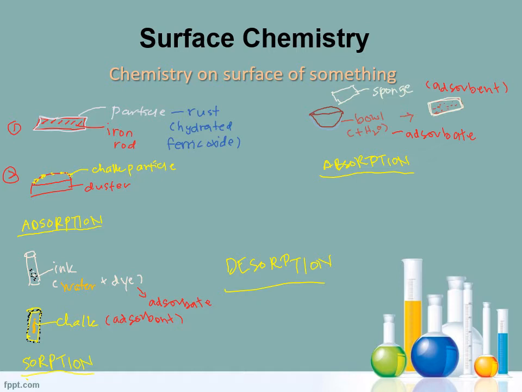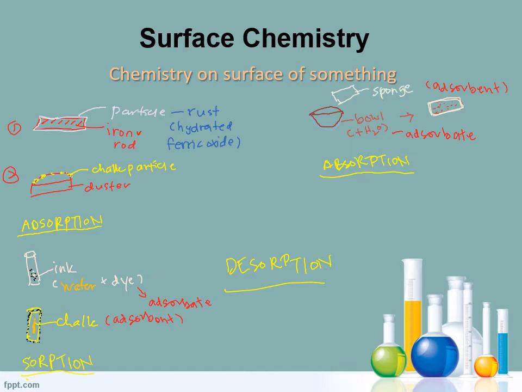What do you understand by surface chemistry? So it is chemistry on the surface of something. Something here can be anything. Let's take one example. We have an iron rod here.